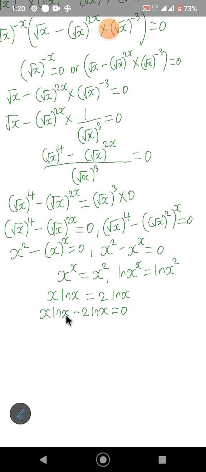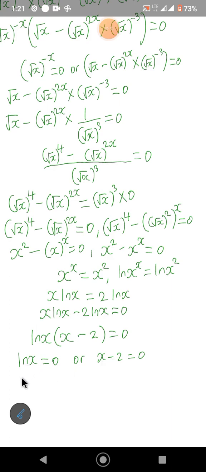So from here now, I'll factorize with ln x. ln x is common, so say ln x. Then here will be x ln x divided by ln x, we have x. While 2 ln x divided by ln x, we have minus 2. Everything equal to 0. So we can say ln x equal to 0, or x minus 2 equal to 0.